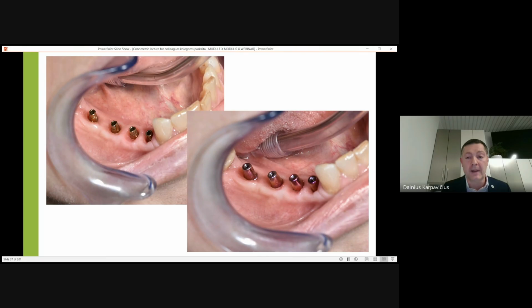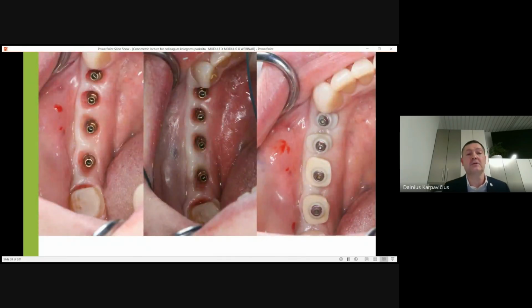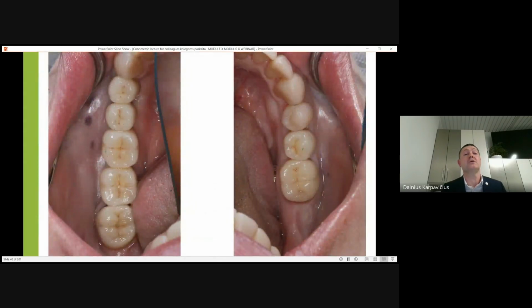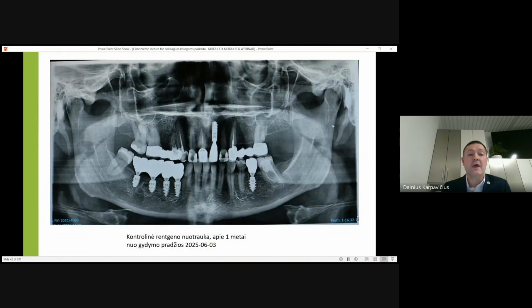It is prepared already. It is very comfortable for the prosthetic doctor and dental technician as well, and for the patient also. And take a look at how nice, how stable and healthy the soft tissues and the surroundings of the bone are around the implants, around the primary abutments that we put into the implant, and later we didn't reconnect it.